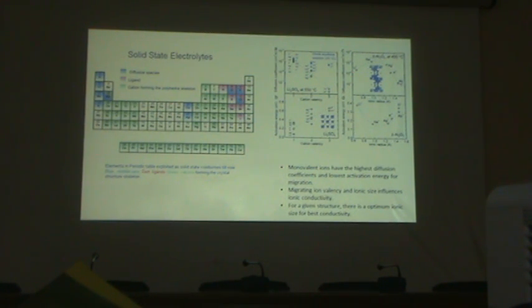A lithium ion is too small, so it can get into some comfortable, deep potential well minima, and it's comfortable there with the surrounding anions. So you require more activation energy to push it out. Bigger ions definitely will feel more drag because of the surrounding anions that are sitting in the lattice. So these two factors make this peak possible. So there is an optimum ionic size where an ion can really move through the material. That is the point.